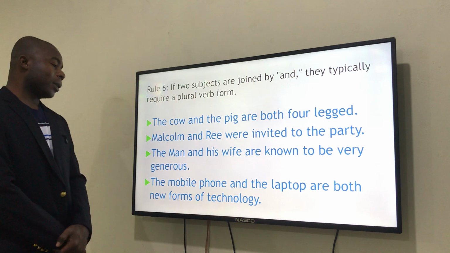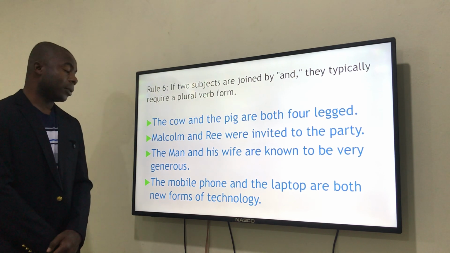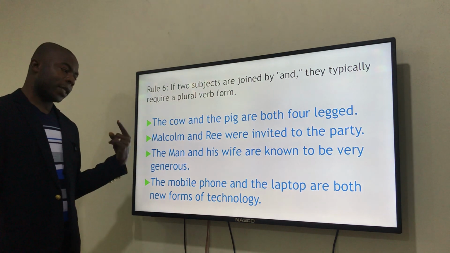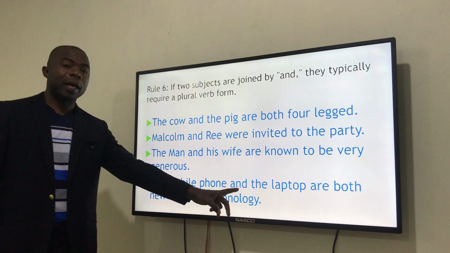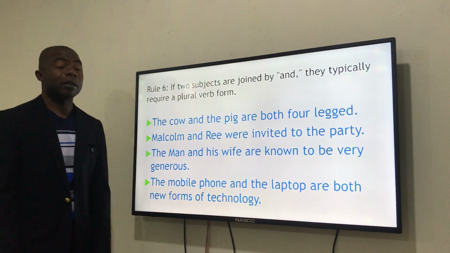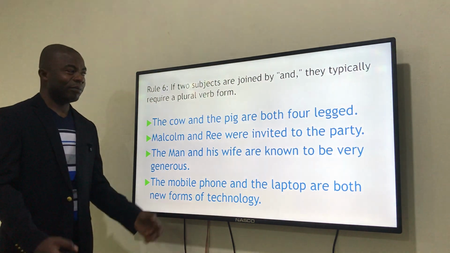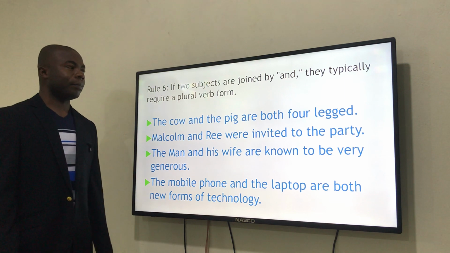The mobile phone and the laptop are both new forms of technology. The mobile phone, one subject, the laptop, another subject, joined by and, are both new forms of technology. So, typically, remember?